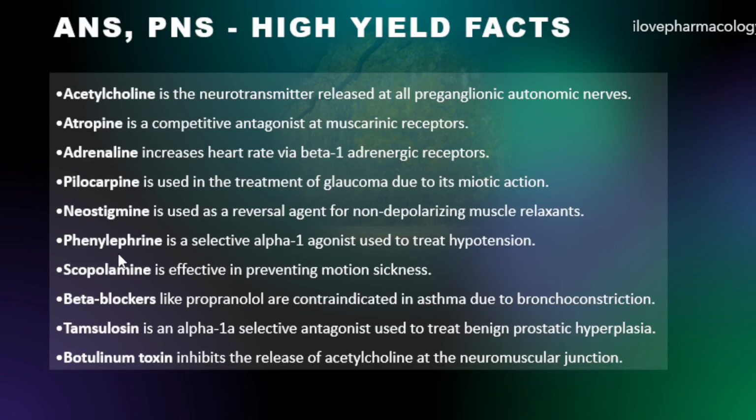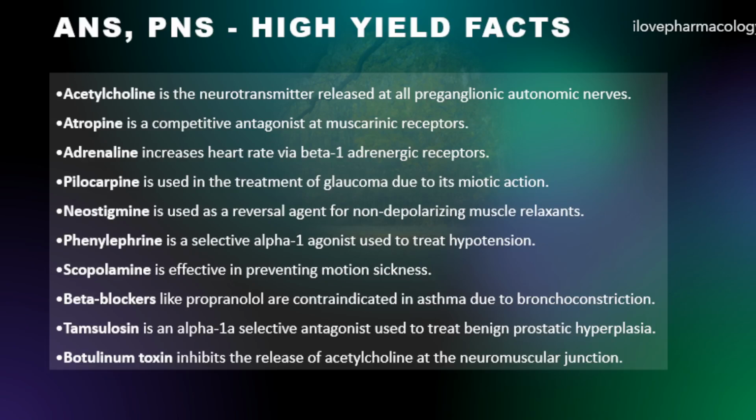Scopolamine, or hyoscine, is an effective drug for prevention of motion sickness, where it is used in the form of patches applied behind the pinna. Coming to beta blockers, non-selective beta blockers like propranolol are absolutely contraindicated in bronchial asthma patients due to bronchospasm mediated by beta 2 blockade.